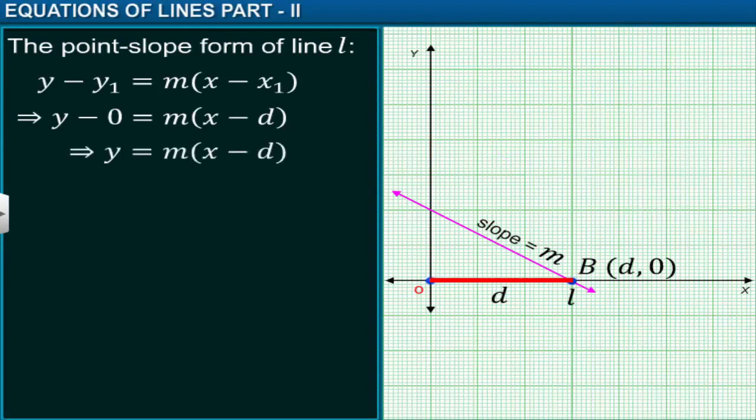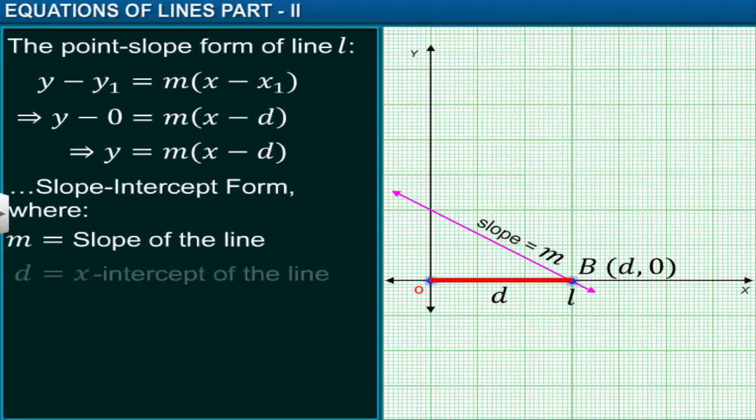This is the slope-intercept form of the equation of a line with slope m and x-intercept d. For example, let us find the equation of a line with x-intercept 3 and slope -2/3.